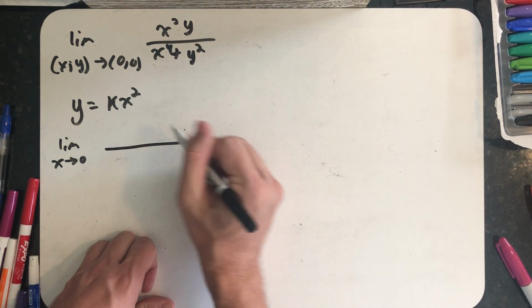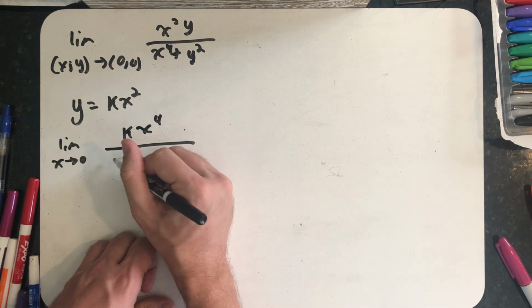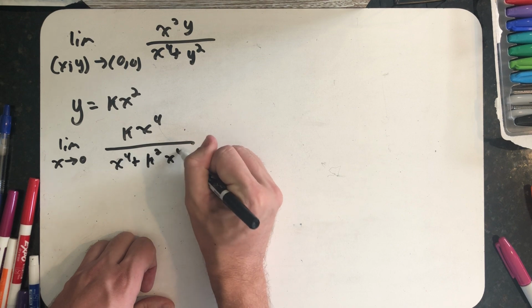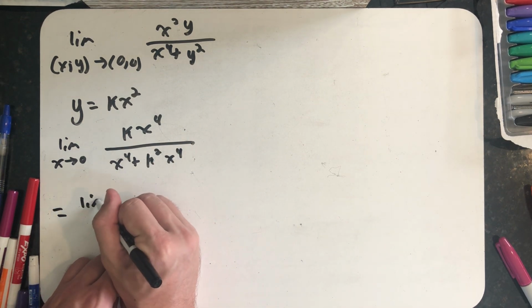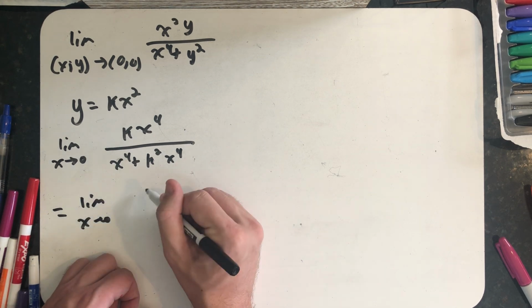Plugging in kx squared on top will give me kx to the fourth. On the bottom, I'll get x to the fourth plus k squared x to the fourth. I could factor out an x to the fourth in all of the places.